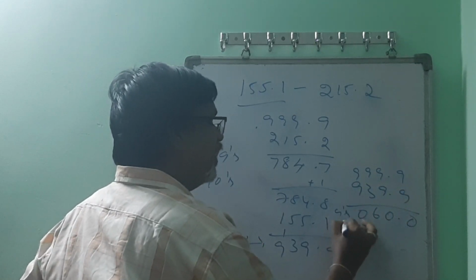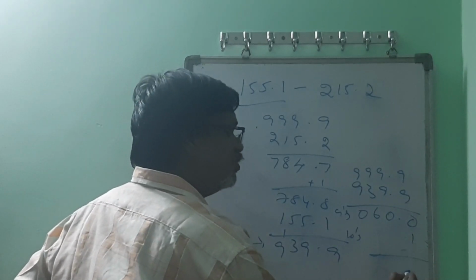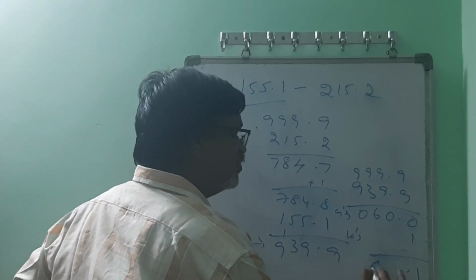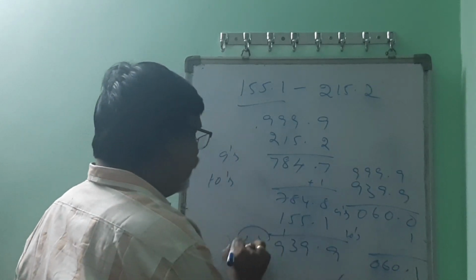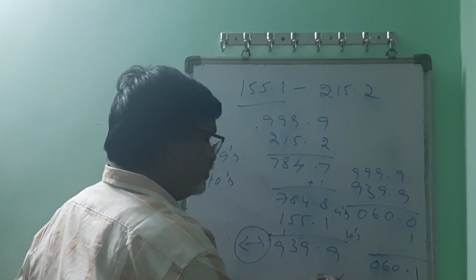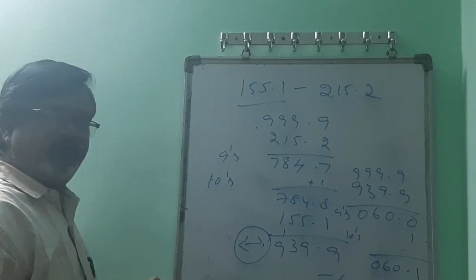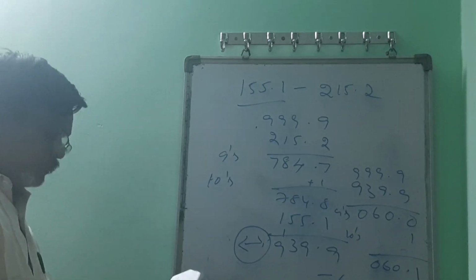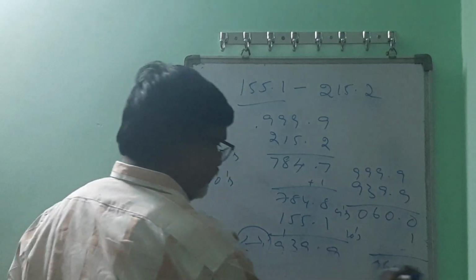But this is only the 9's complement, and what we want is the 10's complement. Add 1 here, so 060.1. So 60.1, but because of this process, it is considered a negative value. Okay, this is the way we perform subtraction using these R's and R minus 1 complements.